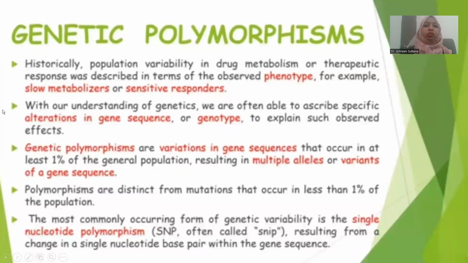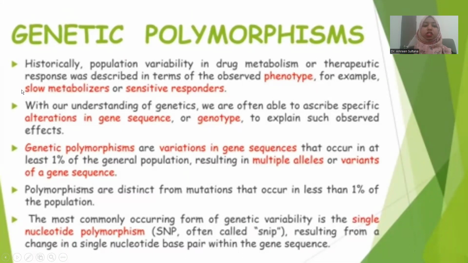Next, coming to genetic polymorphisms. Historically, population variability in drug metabolism or therapeutic response was described in terms of the observed phenotype. There is a lot of difference between phenotype and genotypic conditions.